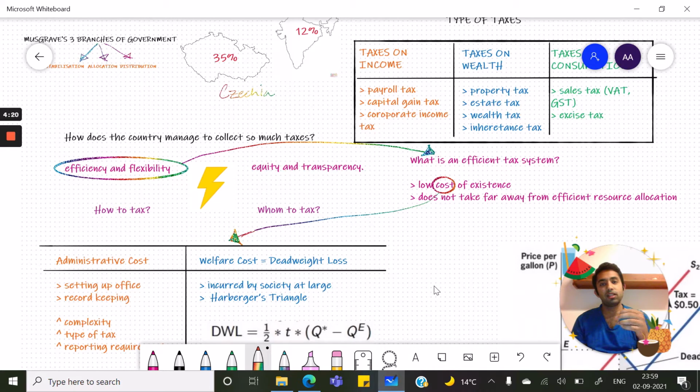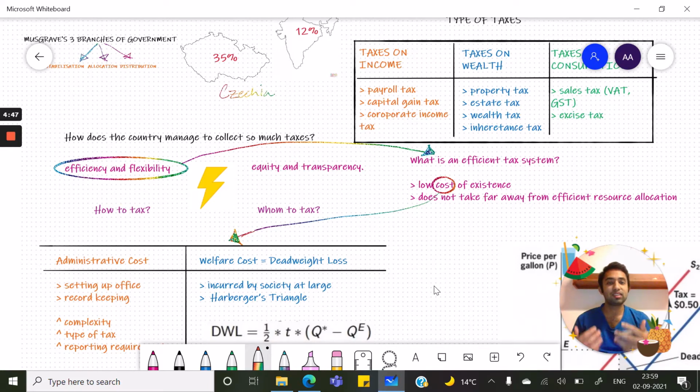I remember at one of the ceremonies in Maharashtra, the Chief Minister of Maharashtra, Uddhav Thackeray, came and he was saying that a finance minister is successful when the citizens don't know that the finance minister is taking money out of them, right?